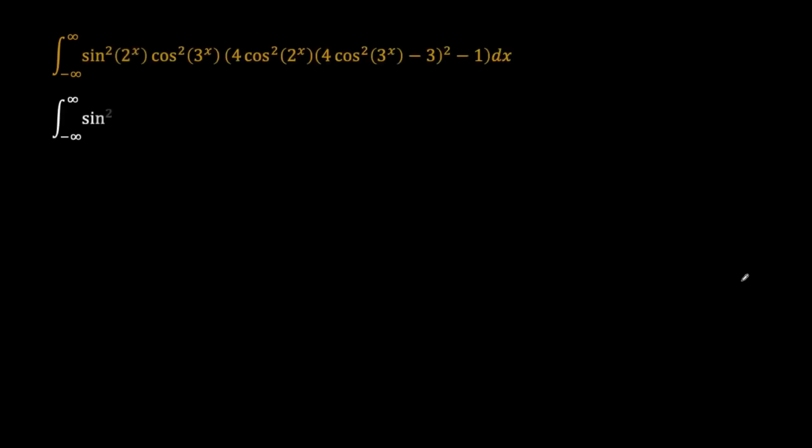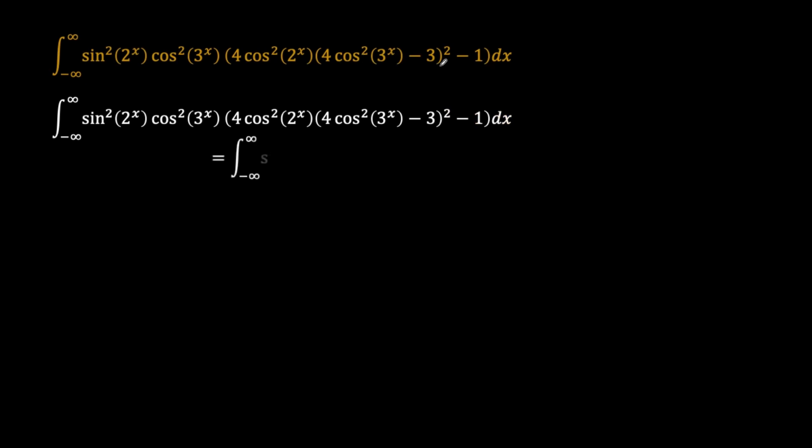The first thing that I would personally do is look at the innermost bracket, and there we have a combination of 4 cosine squared 3 to the power x minus 3. What is interesting here is we could play around with that.